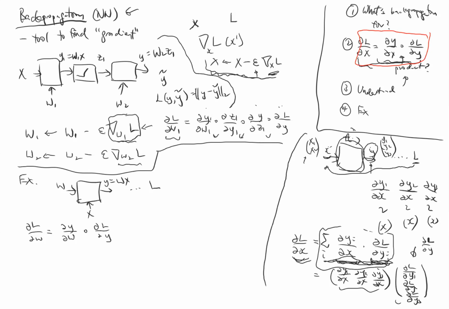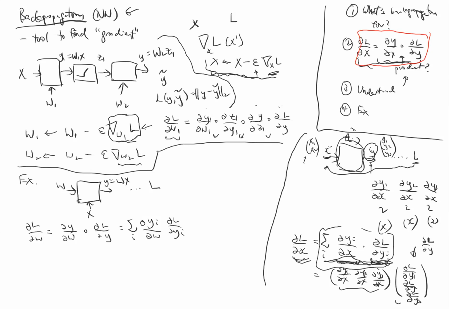It's a weighted sum, so it's something like the sum over i of partial yi, partial W, weighted by partial L, partial yi.